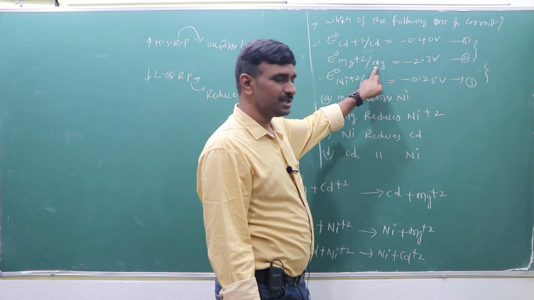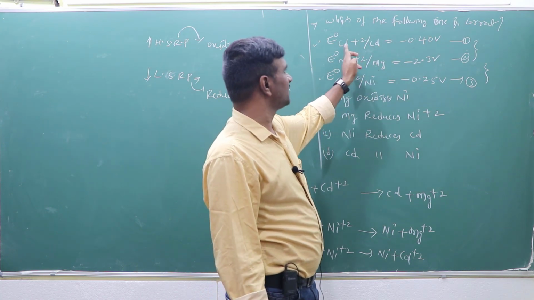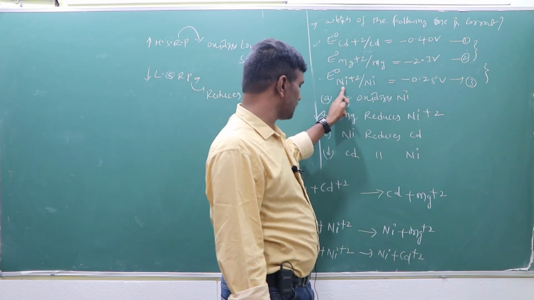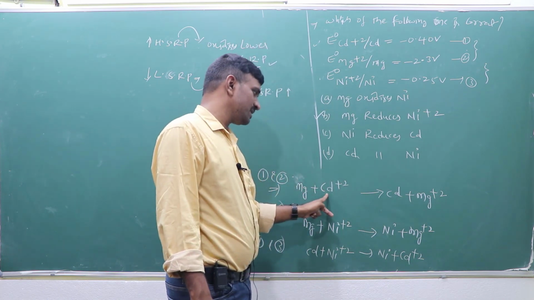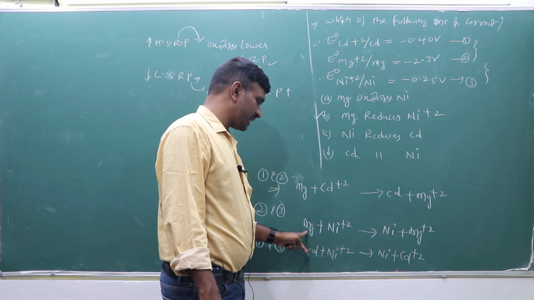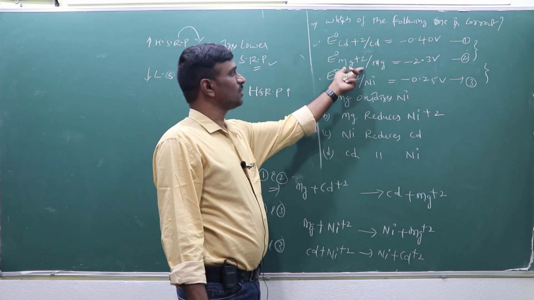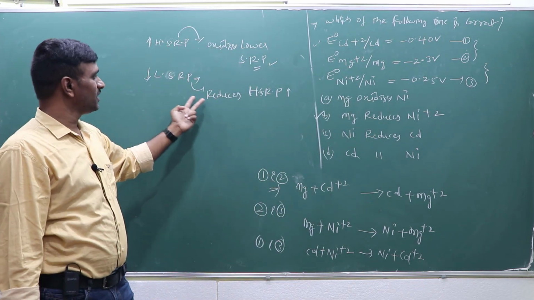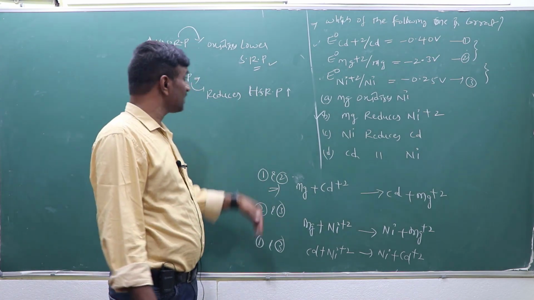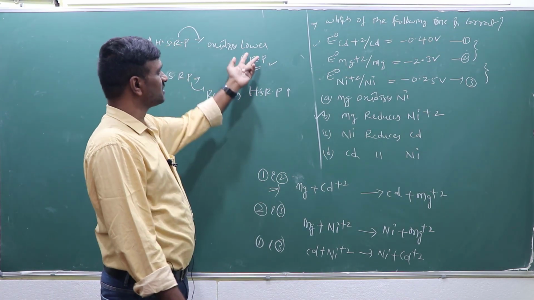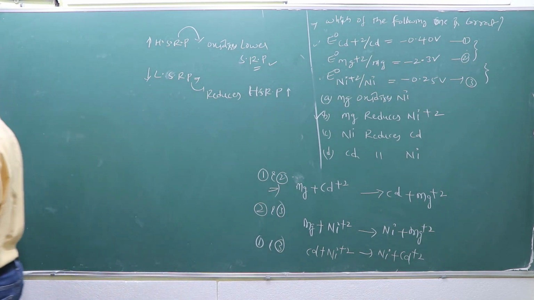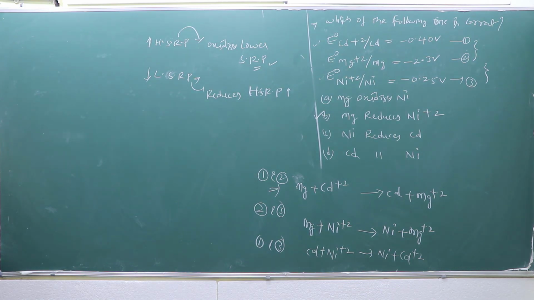So that means magnesium reduces Cd plus 2 to Cd and nickel plus 2 to nickel. So lower standard reduction potential reduces higher standard reduction potential, and higher standard reduction potential oxidizes lower standard reduction potential. Right? So this much data is enough. In an examination, based on whichever data is given, you can easily calculate it.